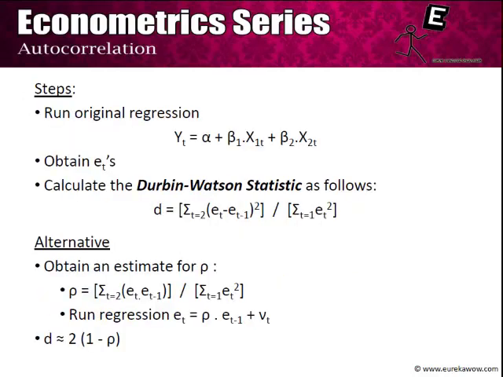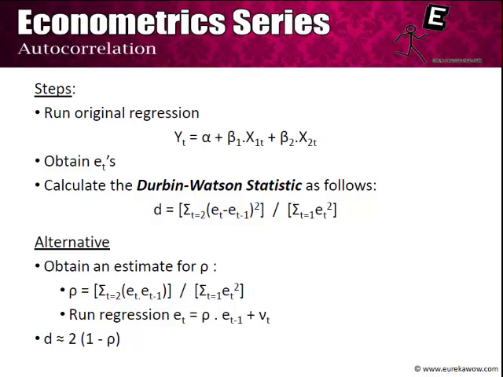The steps of running the Durbin-Watson test are to first run the original regression. So a regression that we are considering is that yt is a linear function of x1t and x2t. Once we run this regression, we obtain the error terms or et. Using these et, we have to calculate the Durbin-Watson statistic or the Durbin-Watson D statistic.